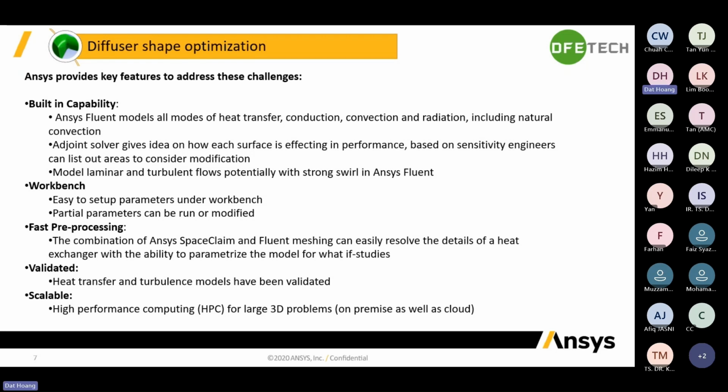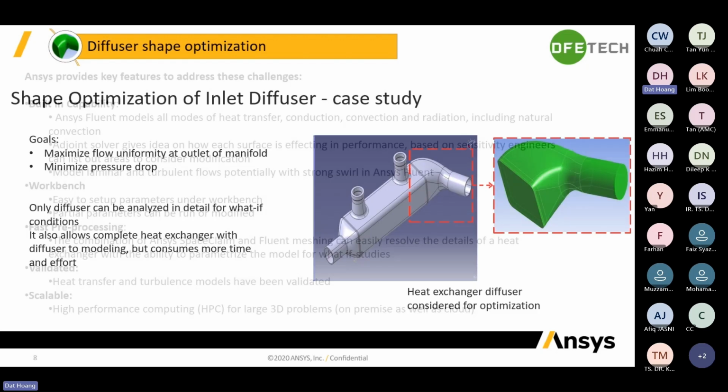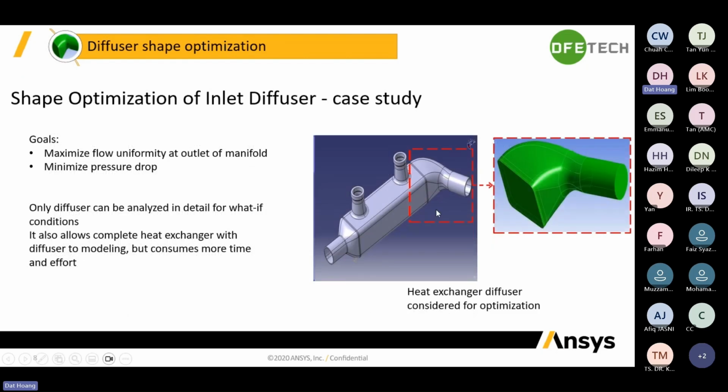So now we will look closer at the shape optimization case here, where we have a sample heat exchanger, but we only focus on the diffuser region, just to make it simple. So they just focus on this shape.